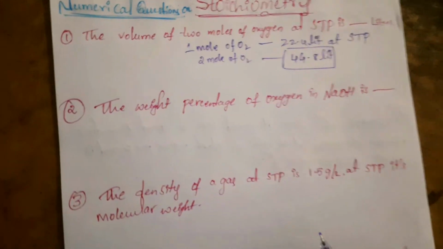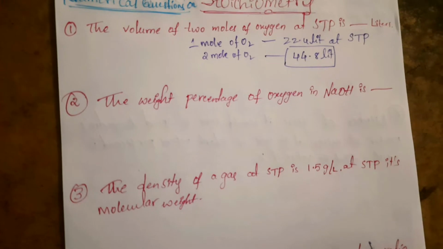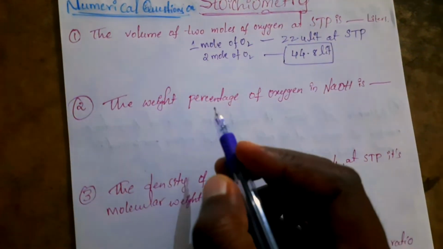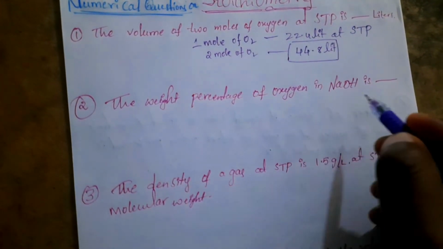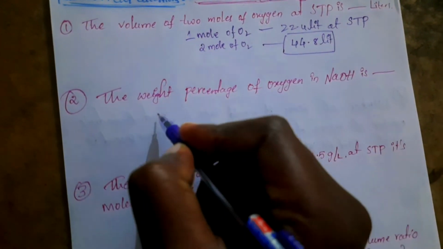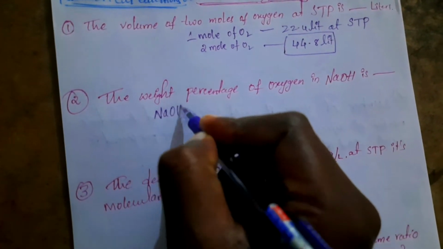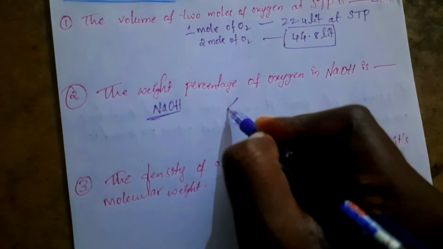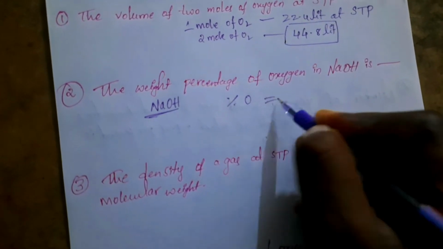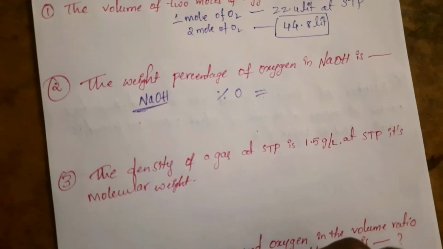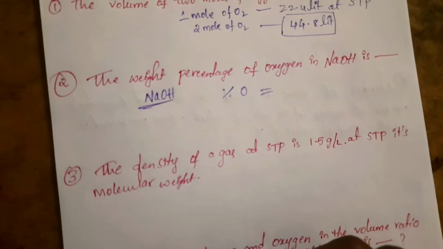Next one. The weight percentage of oxygen in sodium hydroxide is. They are asking the percentage of the element oxygen in sodium hydroxide. How will you get an element's percentage in a compound?